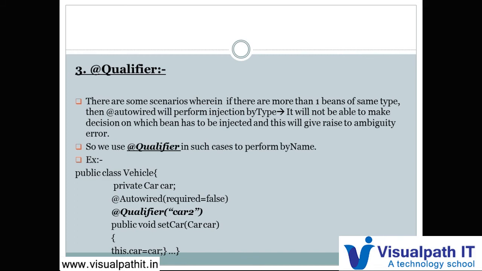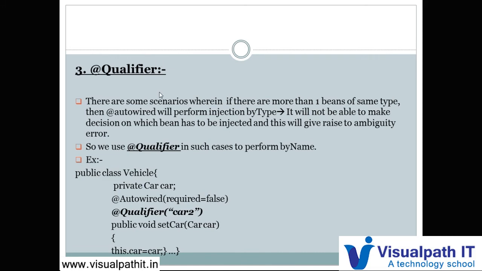It will not be able to decide which bean has to be injected, and that will give rise to some ambiguity errors. So in such scenarios, to resolve that, we use this qualifier, that is @Qualifier.